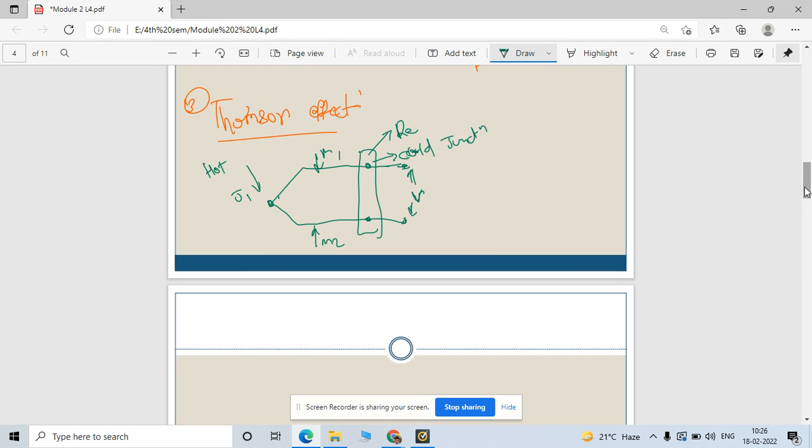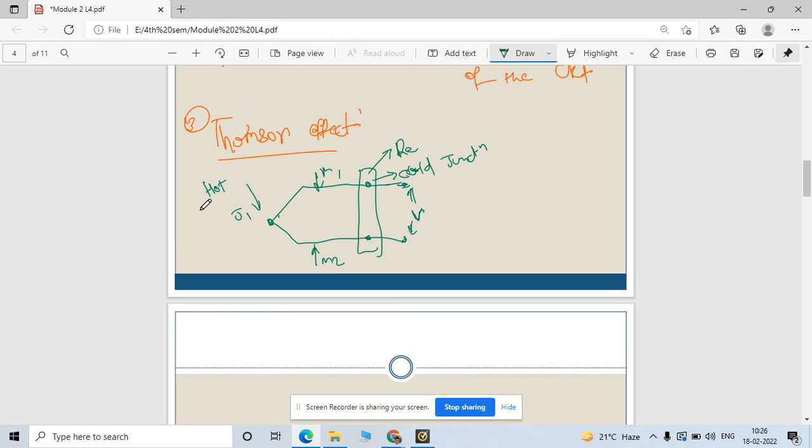Now in the Thomson effect, when you want to measure the voltages and these two dissimilar wires are connected, one is a reference junction, which has a low temperature, and one is a hot junction. At the hot junction, some electrons diffuse to the cold junction when a temperature difference is applied on these two dissimilar metals.